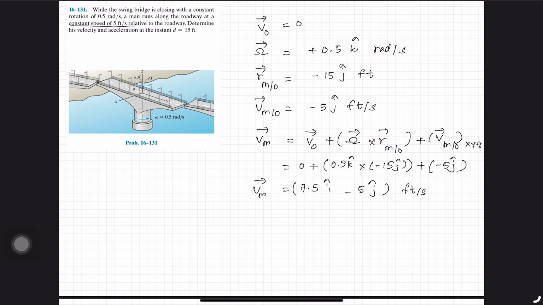So we will have to write down the acceleration equation as well. But before that, we can list out some requirements. Since the velocity at point O is 0, the acceleration is also 0, and the acceleration with respect to point O is also 0.